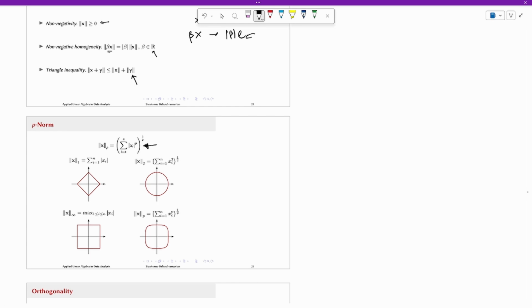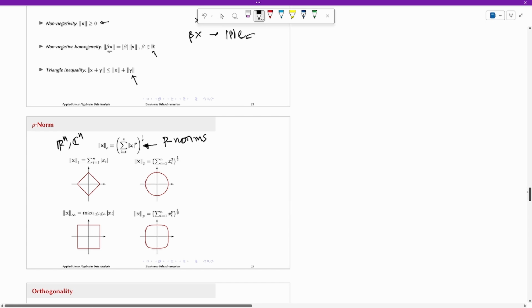One class of norms are called the p-norms, which is written here. Okay. The formula is fairly simple. The pth norm of a vector x, and here again, assume for now that these are elements from Rn, they can be from Cn as well. Okay.